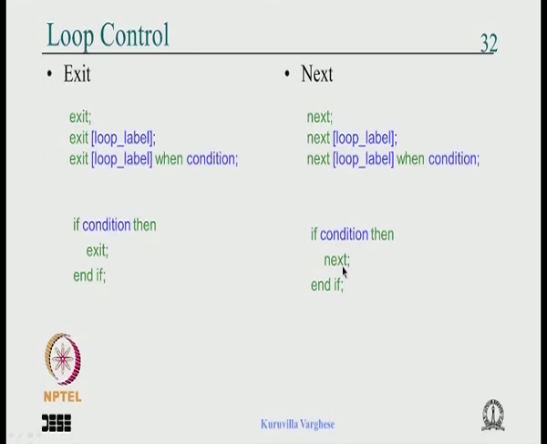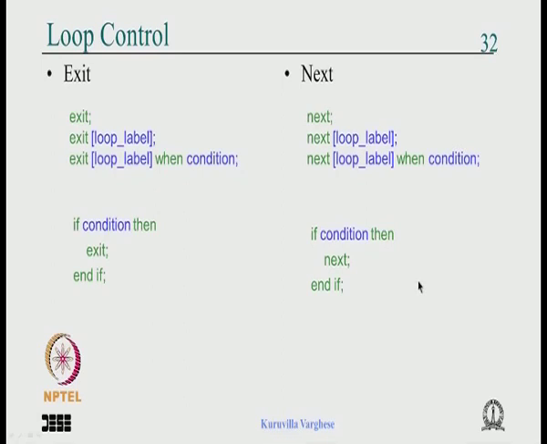So that shows the loop control, exit and next, which can be useful, but then you have to think whether it makes sense as far as the circuit is concerned. If you don't think about the hardware and you keep writing some blanket statement, the proper circuit you may not get, that should be kept in mind. With simulation it is okay, with synthesis you need to be careful, and if you can think of a very simple way of synthesizing the circuit, then the tool might do that.